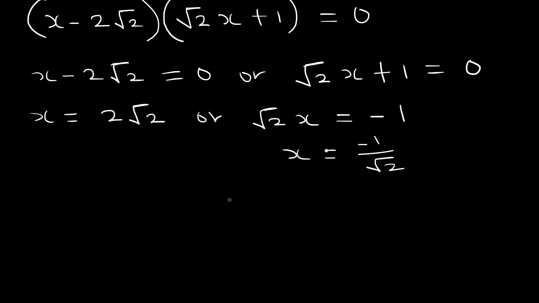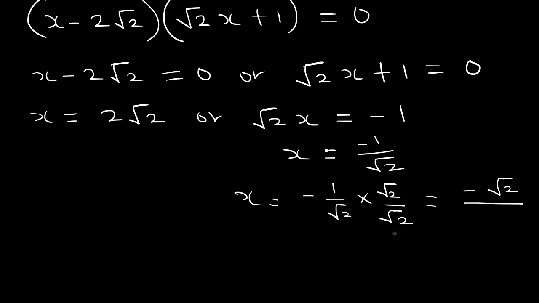So x is equal to minus 1 over root 2 multiplied by root 2 over root 2, and that will give us minus root 2 over root 2 times root 2, which is root 4, equal to 2. So at this point, there's nothing else we can do here.